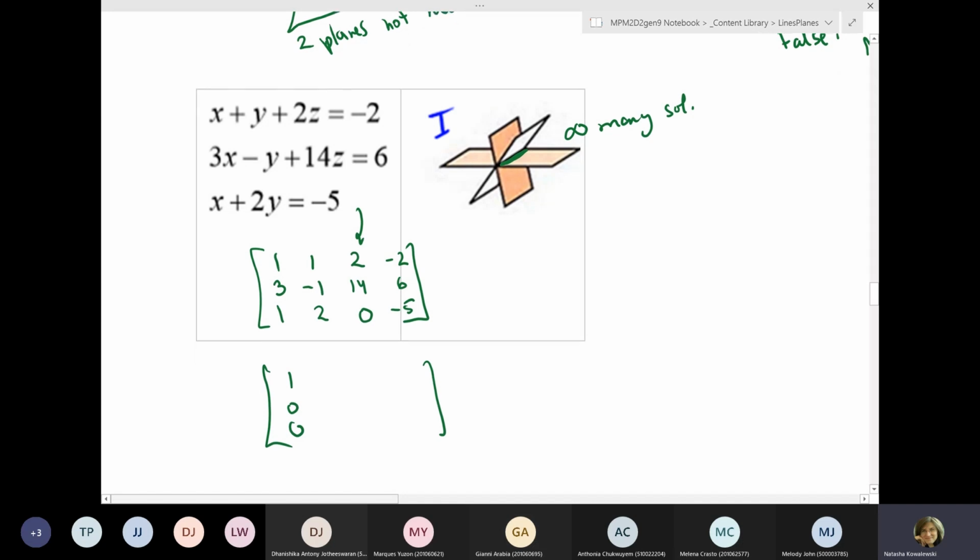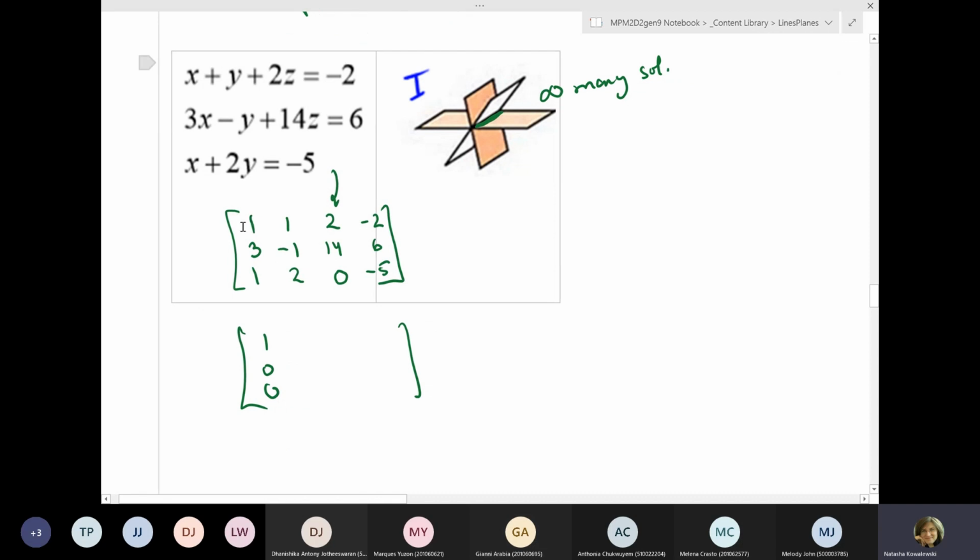So you already have a 1 in the first position, so that's good news. We want the middle and this bottom one to become a 0. If you're not sure what to do, let me tell you the steps. For the middle one, you're going to multiply row 1 by -3 and add it to this row in the middle. And for the bottom one, you could do row 1 subtract row 3. Go ahead and do that.